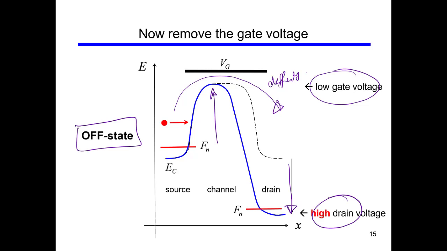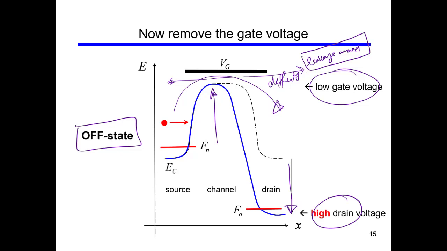Now, some of the electrons may still have a very high energy, and they may move from here to here. These electrons make up the leakage current. So this is the source of leakage current. Even with this high potential barrier, there may be very high energetic electrons that can move from the source side to the drain side in the off state.